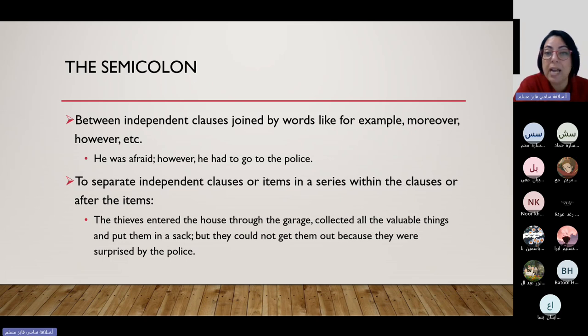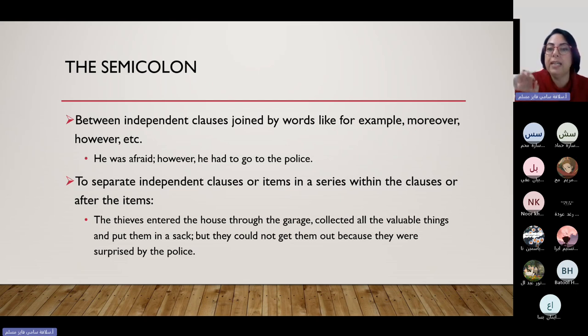Independent clauses. What is the characteristic of this independent clause, Nour? It stands by itself. But what does it have in it to stand by itself? What must it have? A verb and a subject. Exactly, bravo. It has to have a subject, a main subject, and a main verb to stand alone. Okay? I'm talking about main subject and main verb.